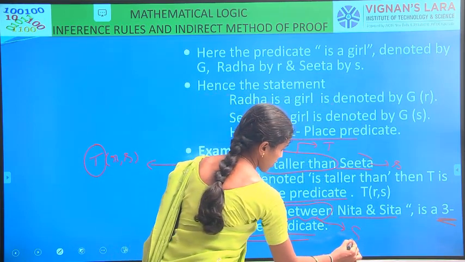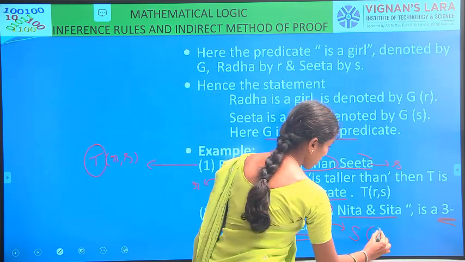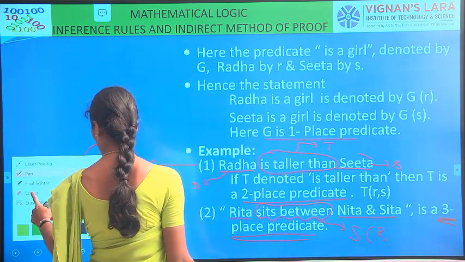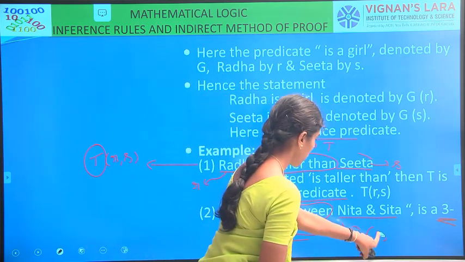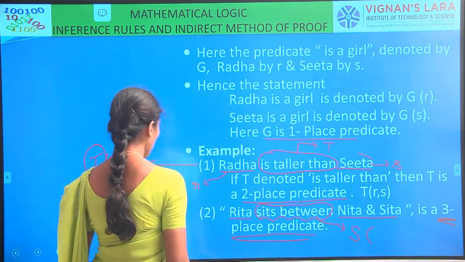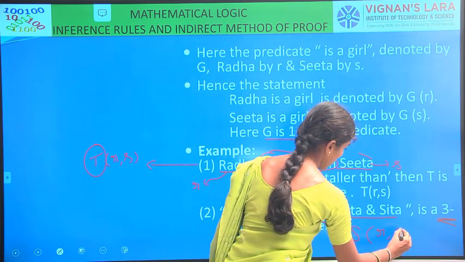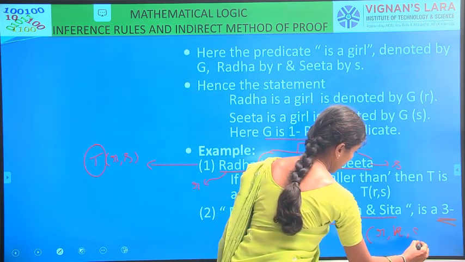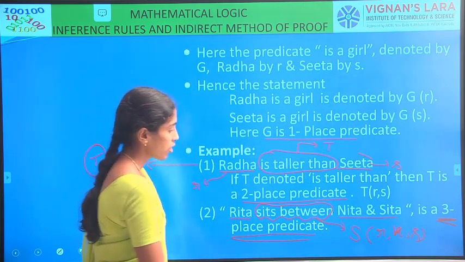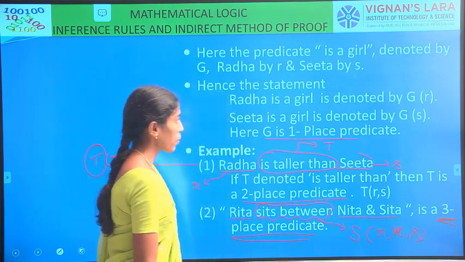"Sits between" is represented by capital S. Rita, Nita and Sita are written as small letters r, n, s, because we have to write the subject names by small letters. So "sits between" is applicable to three different objects. It is a three place predicate.